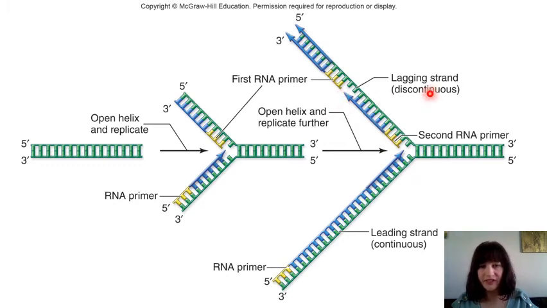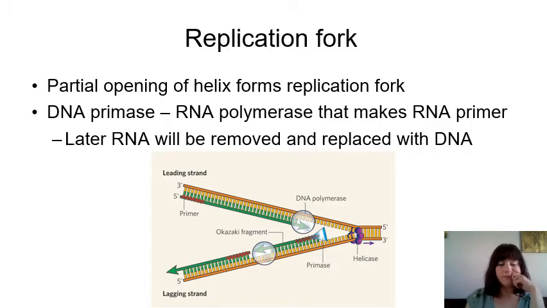It's called discontinuous, this lagging strand, and another polymerase has to come in and connect these pieces later. Again, I just wanted to point out that where the DNA is opened up, where the helix is separated, is called the replication fork.